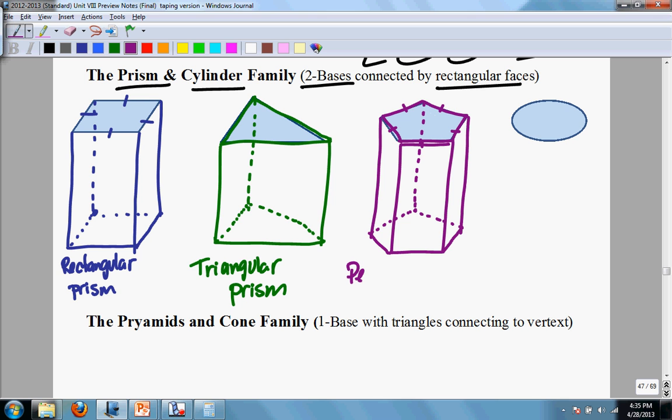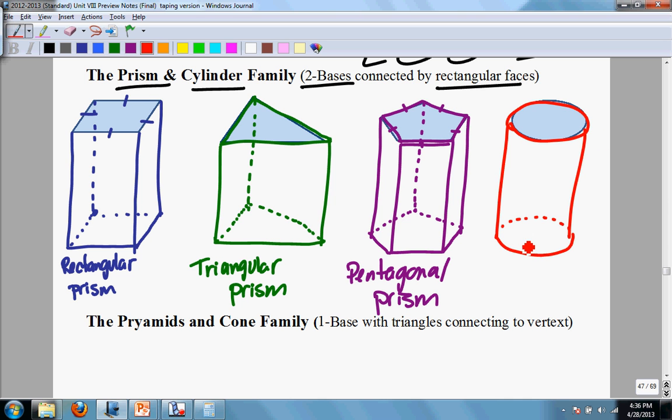This would be a pentagonal prism. And then cylinders are easy. For a cylinder, you have a circle. And here we're going to draw another circle, but this back edging we dot, because once again, technically we can't see it. We pull it down, and this is a cylinder.